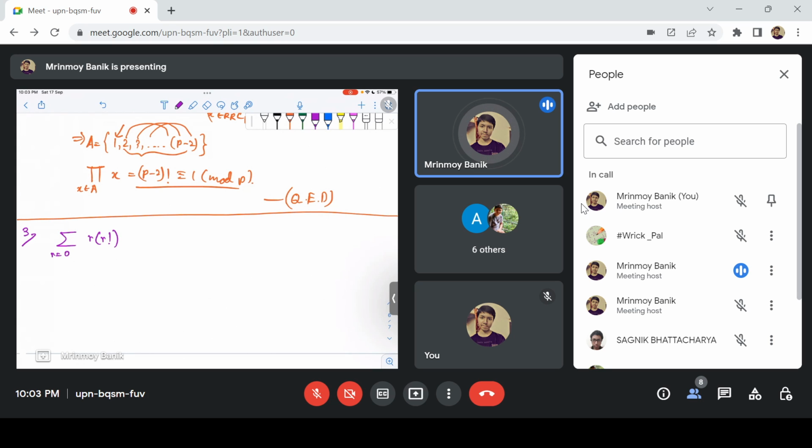So r goes from 0 through n minus 3. Just add and subtract r factorial. We get r plus 1 factorial minus r factorial.